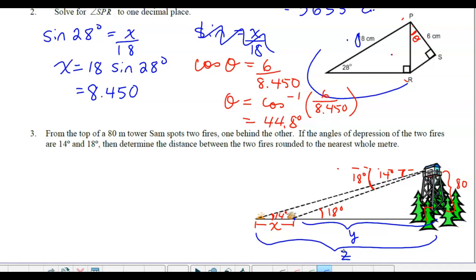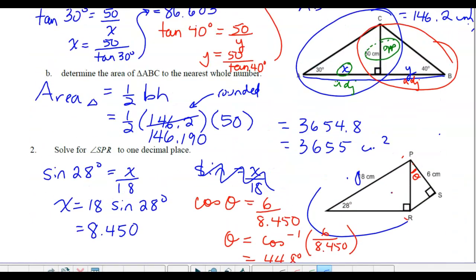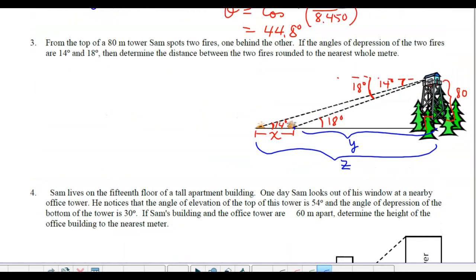Last one, up here, we had to add those. Now they're on the same side, so we have to subtract them. It doesn't matter which one you start with, I'll start with Z. In that outside triangle, and for both triangles, this is the opposite and these are the adjacent.